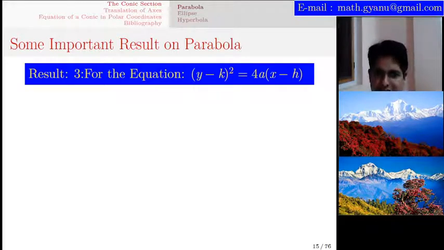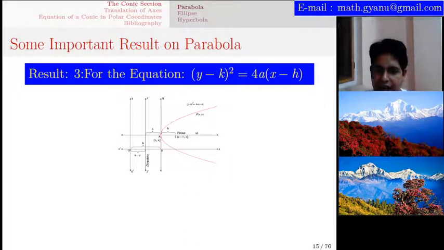For the equation (y minus k) whole square equal to 4a times (x minus s), that is the equation of a parabola whose axis is parallel to the x-axis and whose vertex is at the point (s, k). The graph of this curve will look like this; the picture is shown on your screen.